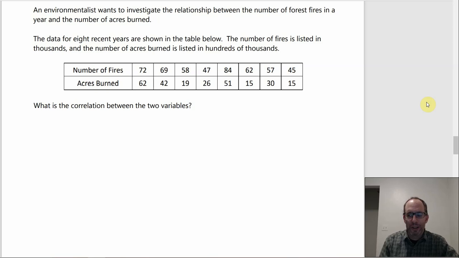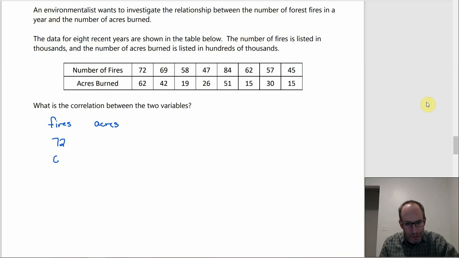I think with the homework, there's always that thing you can click in the upper right, where you can copy the data over. But what I would do is just make 2 columns if I had to. I'm just going to call them fires and acres. With the fires, I'd have 72, 69, 58, and so forth. And then for the acres, 62, 42, 19, and so forth.